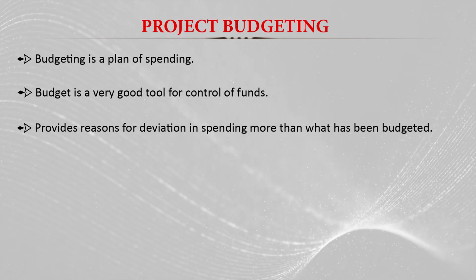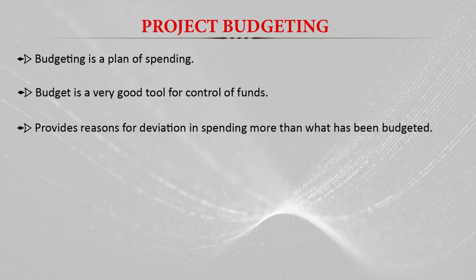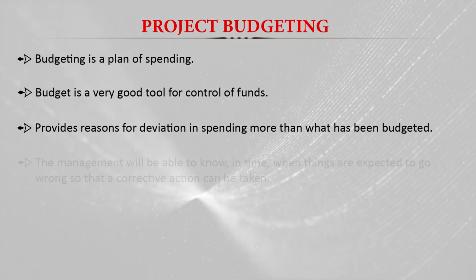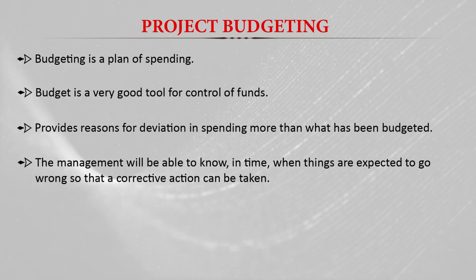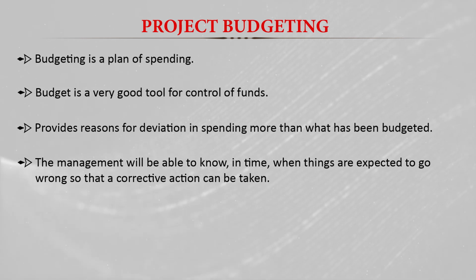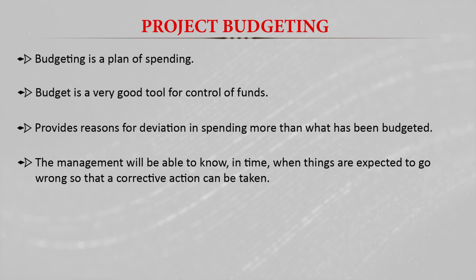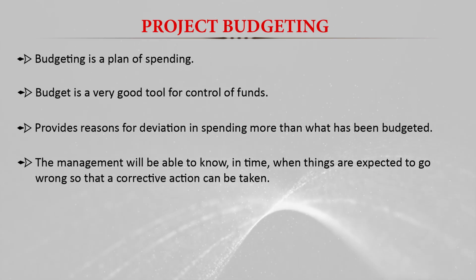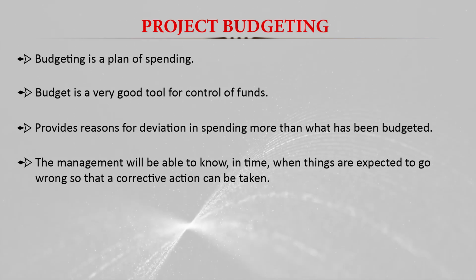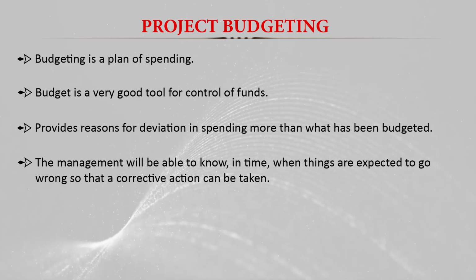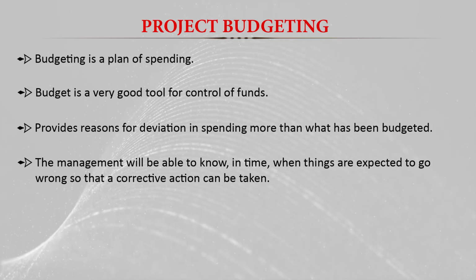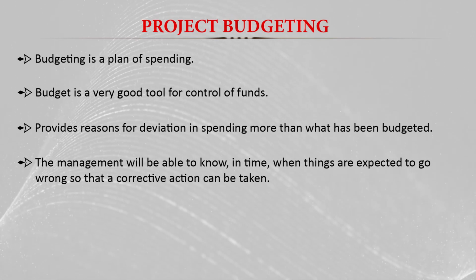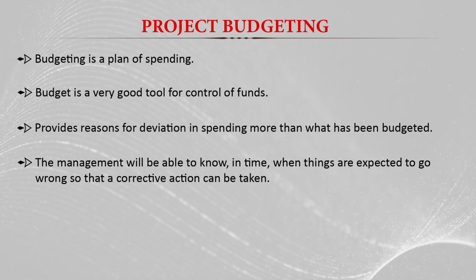So if there is a deviation, this budgeting technique provides some reason also. And then management will know in time when things are expected to go wrong, or when unexpected things are going on, so in that condition the management can take corrective actions and direct the activities so that we can complete the activity.